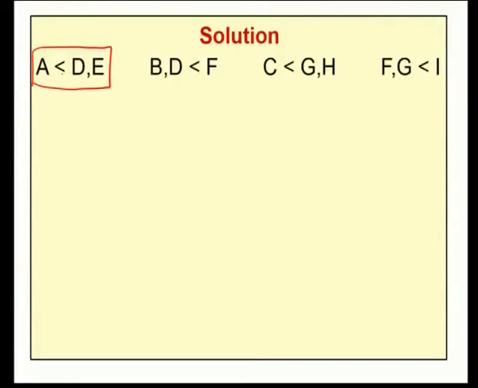A is the predecessor of the activities D and E. B and D are the predecessors of F. C is the predecessor of G and H. F and G are the predecessors of I. So, from this it is clear that D and E have a predecessor, F has a predecessor, G and H have a predecessor, I has a predecessor.